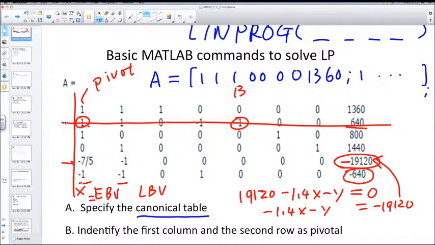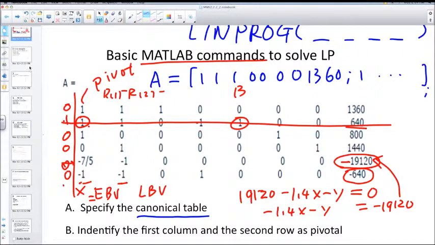So what's next? Next, you are going to use the MATLAB command to make 0 here, 0 here, 1 here, 0, 0, 0. That's your goal. And the operation is clear. You want the first row minus the second row, third row minus the second row, and so on and so forth.